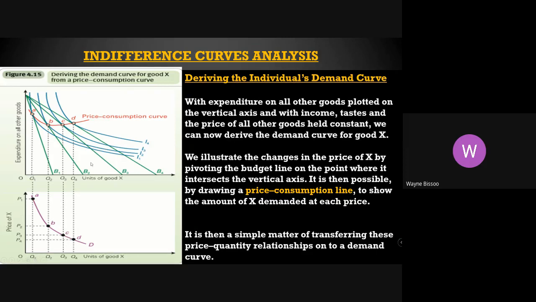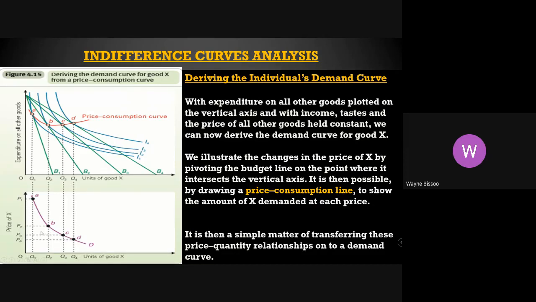It's the same scale we're using on this axis as on this axis. However, instead of plotting the quantities of good Y on this axis on the lower piece here, we put the prices down on this side here, starting with the first price, the highest price, which was the beginning of the exercise, P1, then P2, then P3, then P4.